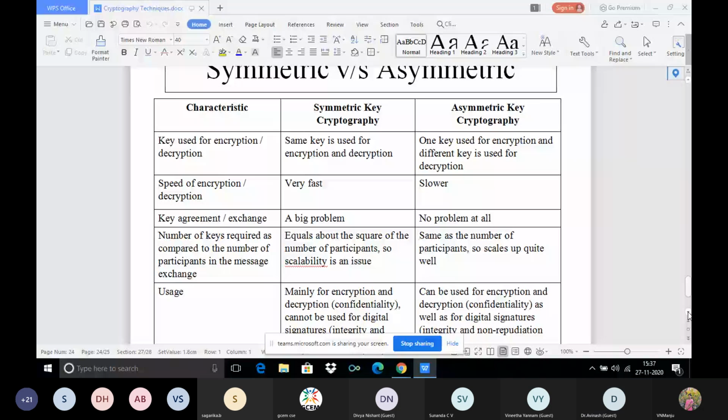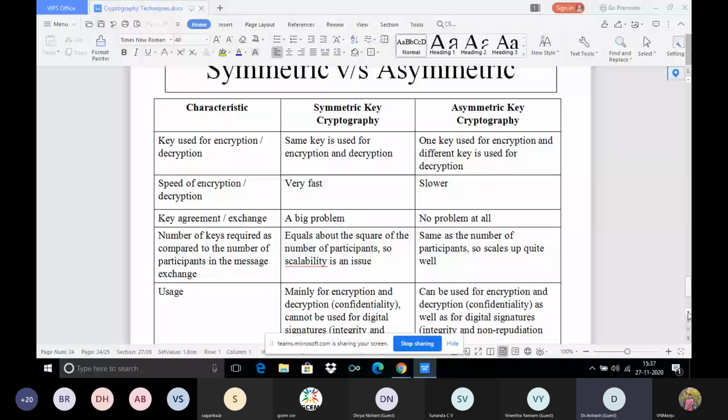So what kind of key we use in the symmetric key cryptographic technique, and what technique we use for key generation in the asymmetric key cryptographic technique is important here.